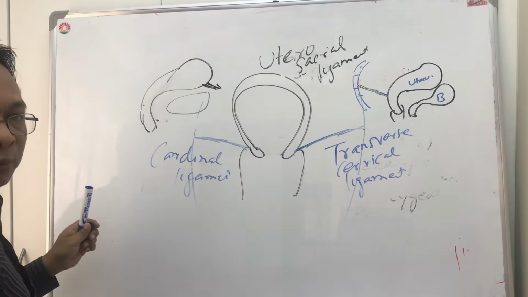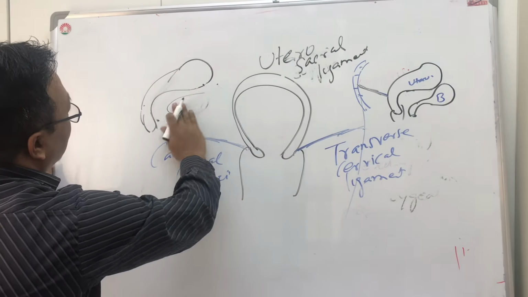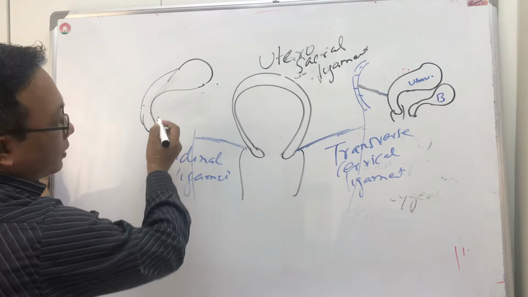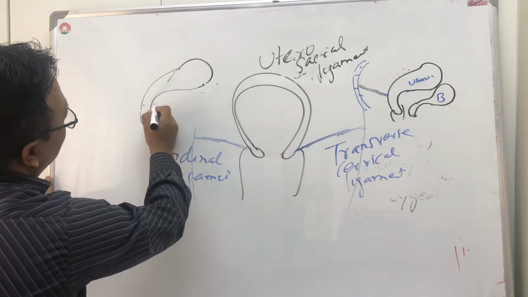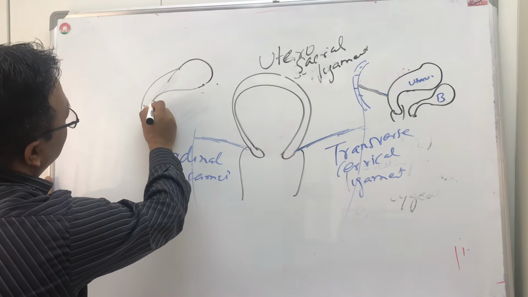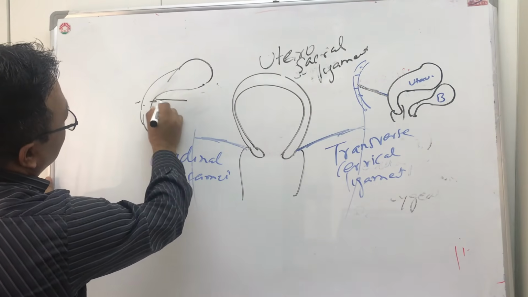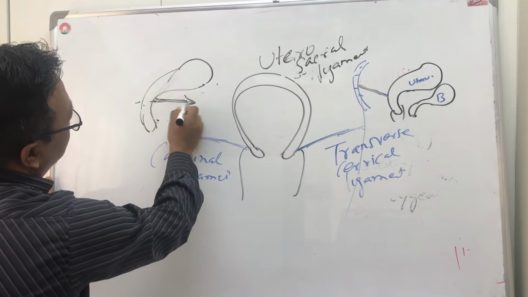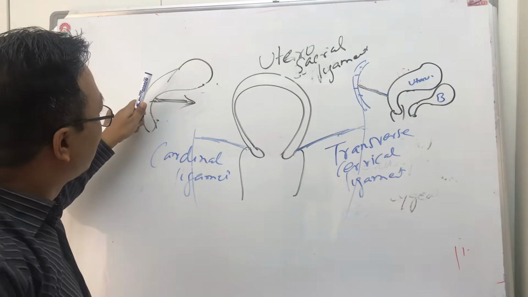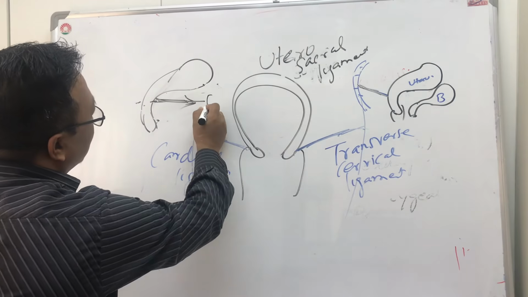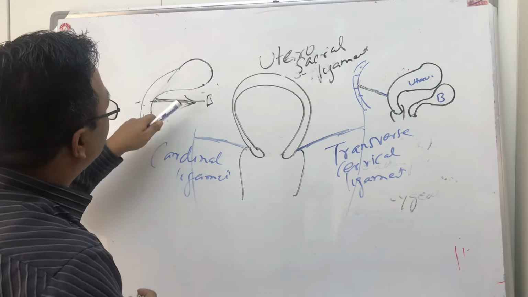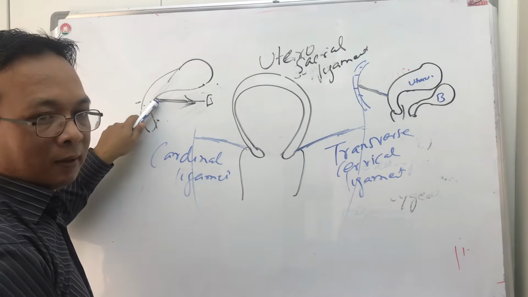There should be something pulling the uterus here, from the cervix, to make it anteverted. It goes to the pubis, attached to the pubis. That's why it is called the pubocervical ligament.